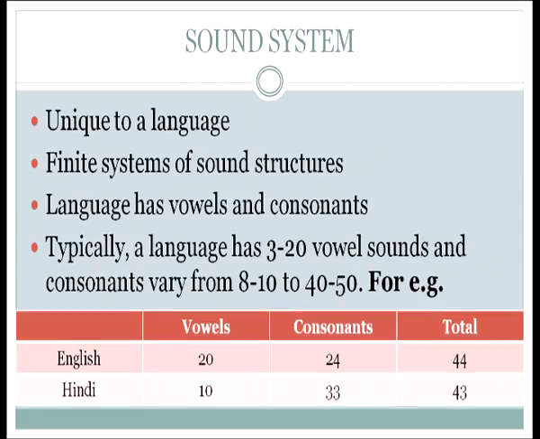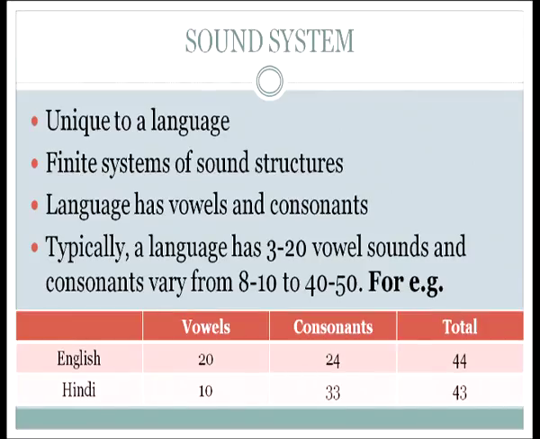That is what I meant when I said that there is a finite system of sound structure in a particular language. Next is Hindi. Hindi has 10 vowel sounds and 33 consonant sounds. This may be surprising because the Hindi alphabetical system is much larger than the English alphabetical system. However, the sounds are fewer. So the vowels are 10, which is half of English, and consonants are 33, which makes a total of 43.